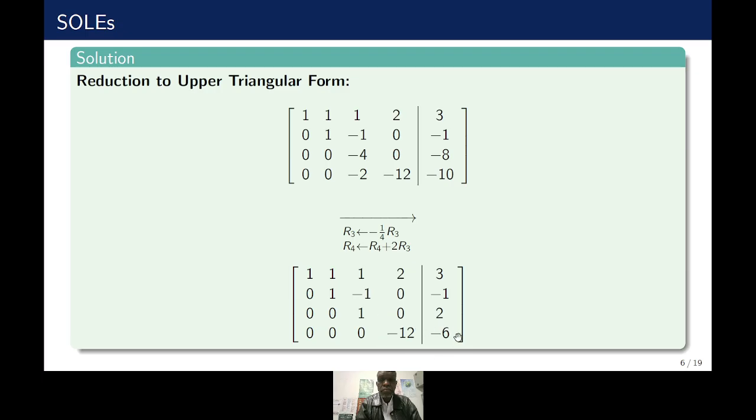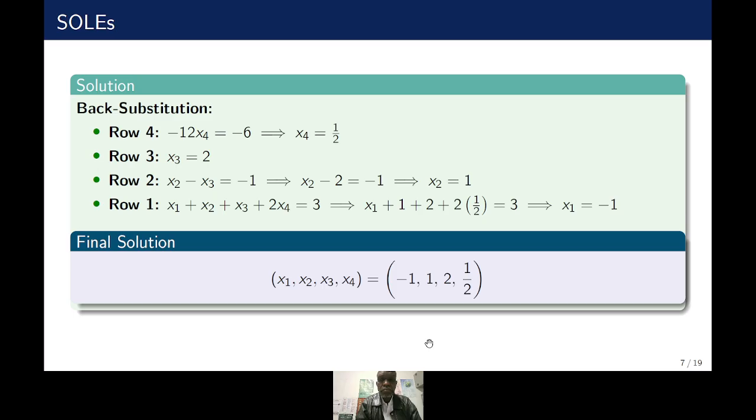Now if you look at this last equation, it means that you now have minus 12 x4 equals minus 6. So you can use the last one to solve for x4. You use a technique which is called back substitution, which we are going to do here.